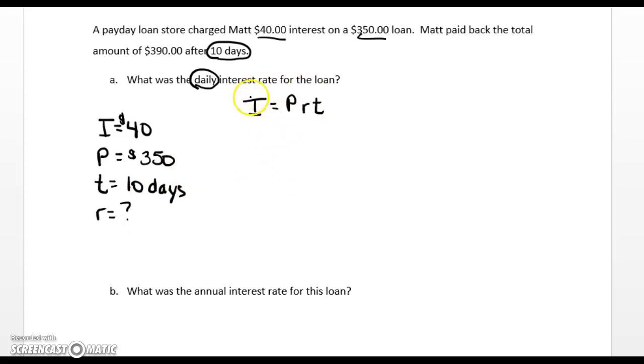So I'm going to fill in all my information to this formula. We have 40 is equal to 350 times R times 10.